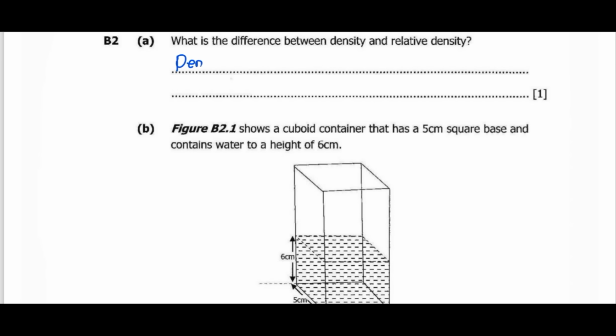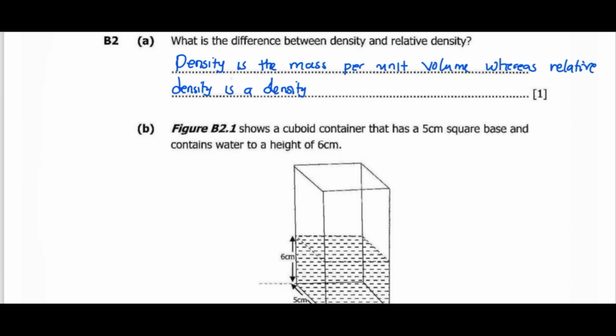So we know that density is the mass per unit volume, whereas relative density is the density of a substance compared with the density of water.